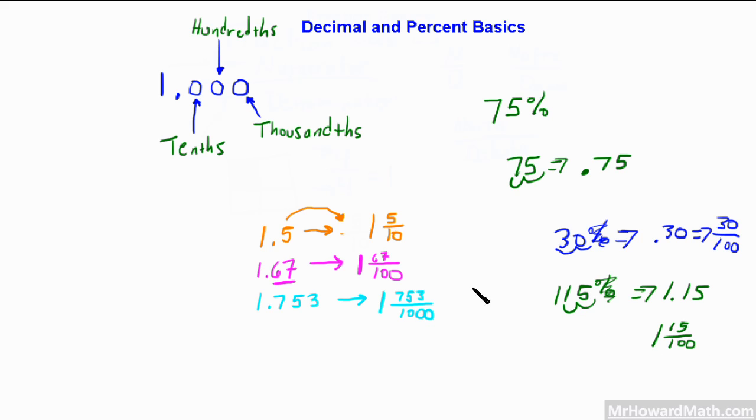So if you can see, this discussion that we had over here on how to actually say this makes the jump from the decimal to the fraction very easy. And the basic rule on percent is we just remove the percent sign, move the decimal place 2 places, and we've got our decimal form, and then it's easy to make the jump to fractions.